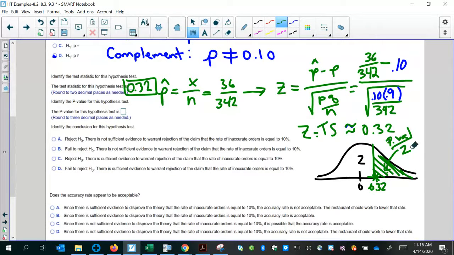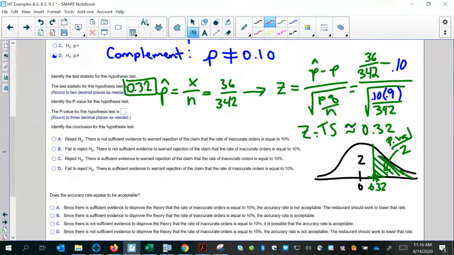And that's not always the case. Sometimes this shaded region will be your entire p-value, but for this example, it is half of the p-value, and that's because of our alternative hypothesis having a not equal sign, which makes this a two-tailed test.